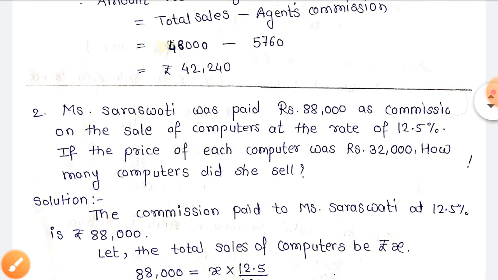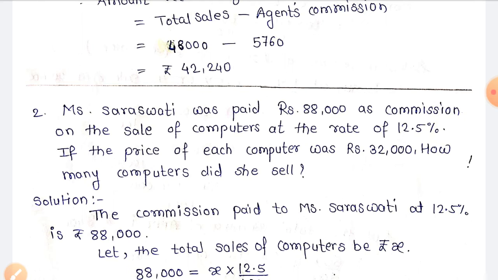As here the next example, Miss Saraswati was paid rupees 88,000 as a commission on the sale of computers at the rate of 12.5%.